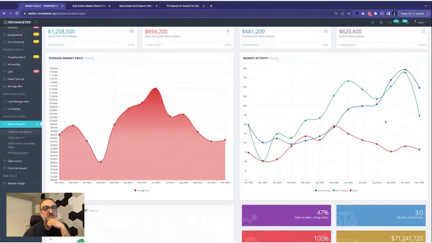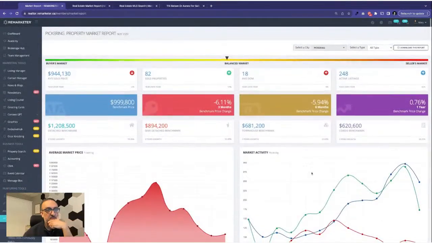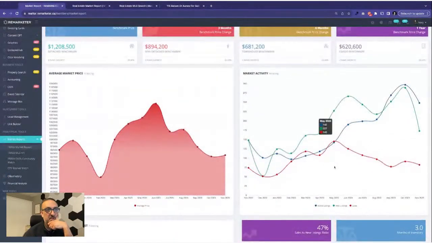So what had happened here is that you can see that we've had a consistent decline in demand starting from May 2023, and you know why this has happened, right? So there's less and less demand. Now in this pocket, which is Pickering, remember we're looking at Pickering right now, we've had a growth of inventory, right?